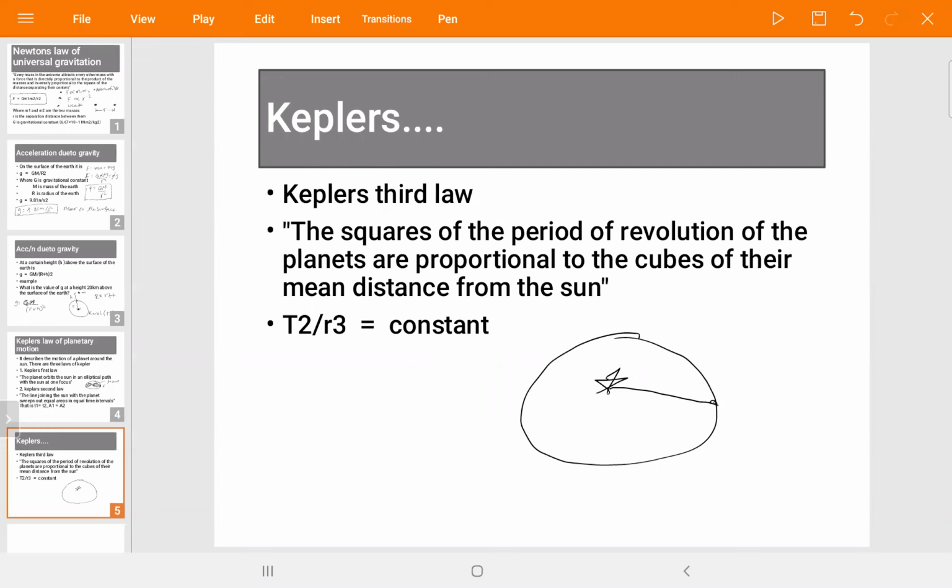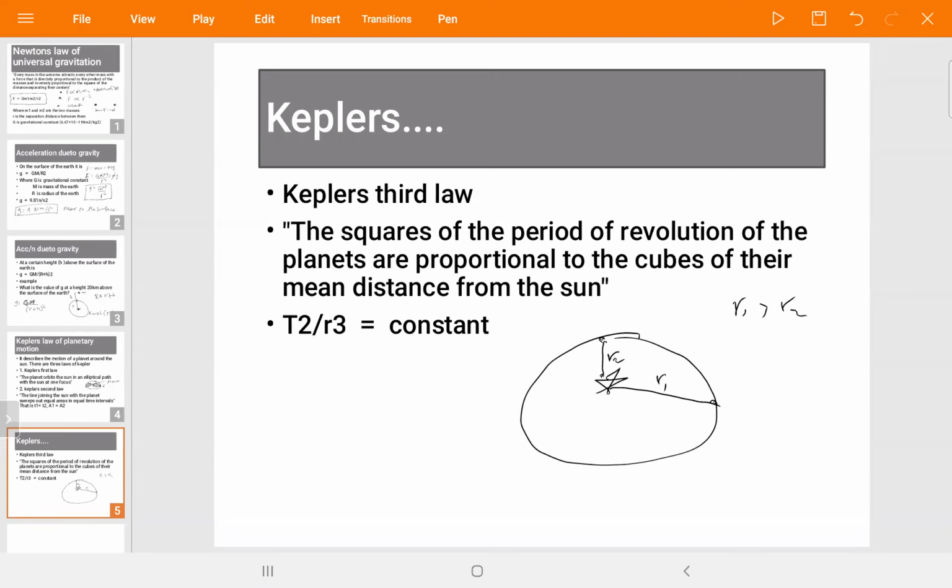For example, if this is R1 and this is R2, R1 may not be equal to R2. For this case, R1 may be greater than R2.